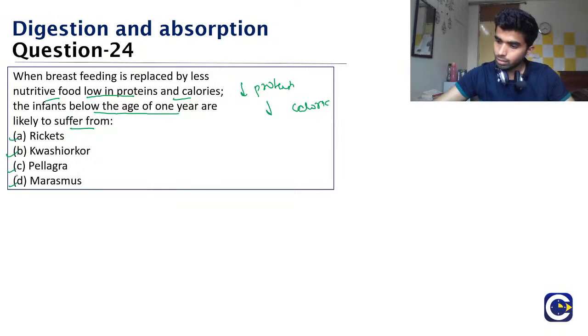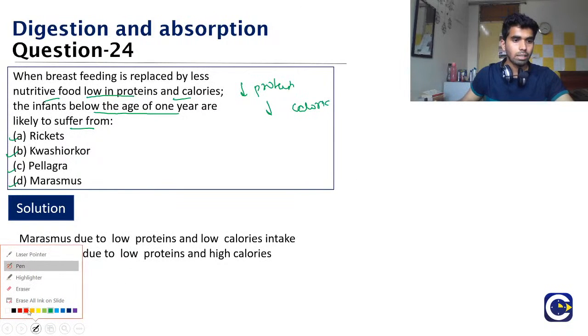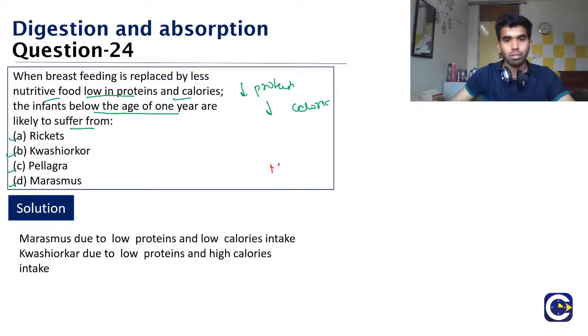As I can see from your answers, many have prepared very well for your examination, isn't it? So let us understand the concept. There are two things that you have to remember. One is marasmus. During a disaster, food is completely not available for small children.